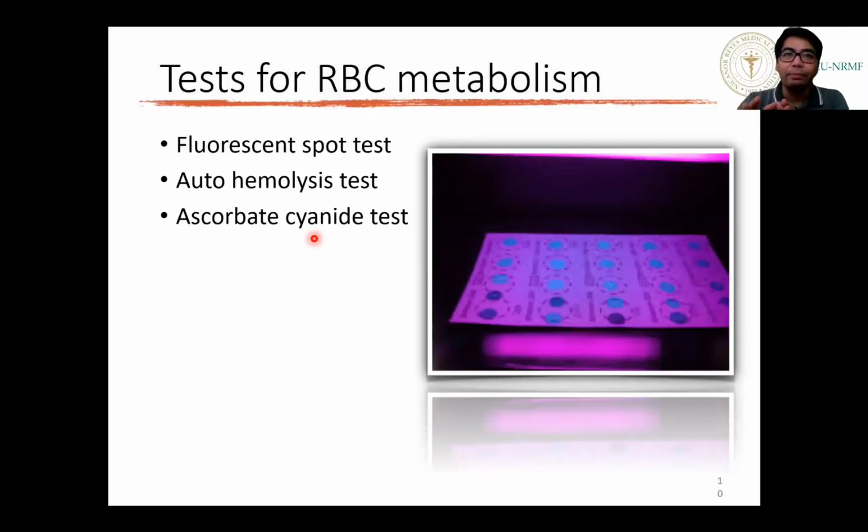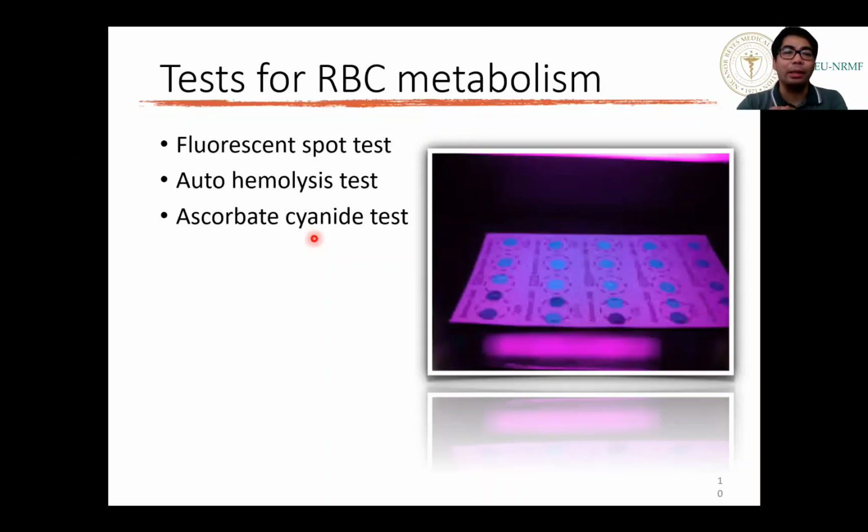So there are enzymes involved there, like G6PD and glutathione oxidase. So there are enzymes involved in the hexose monophosphate pathway. That is the ascorbate cyanide test for the pentose phosphate pathway.